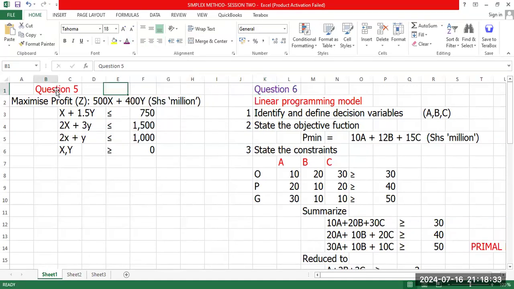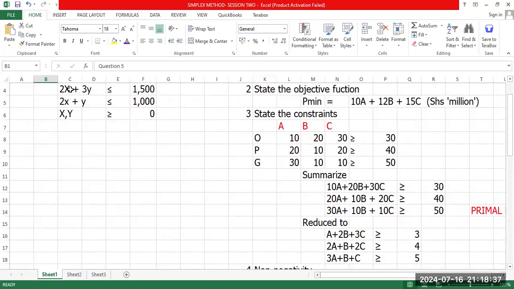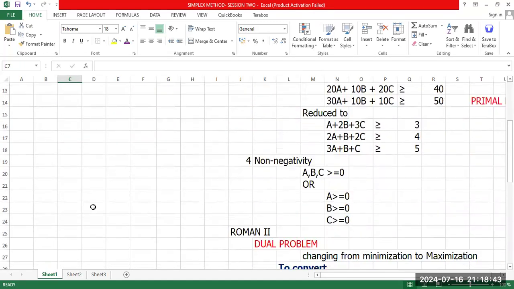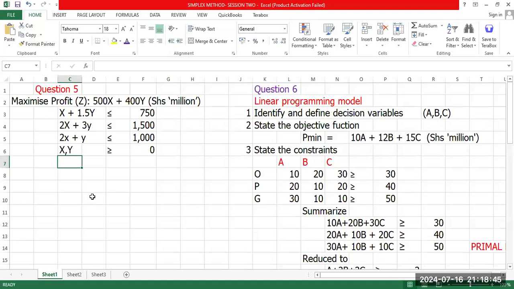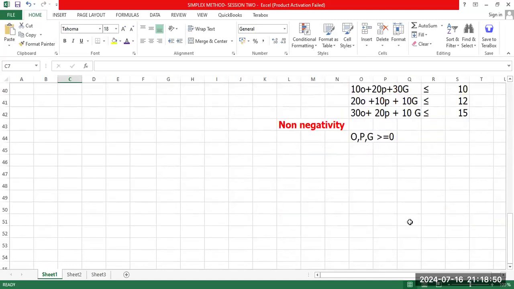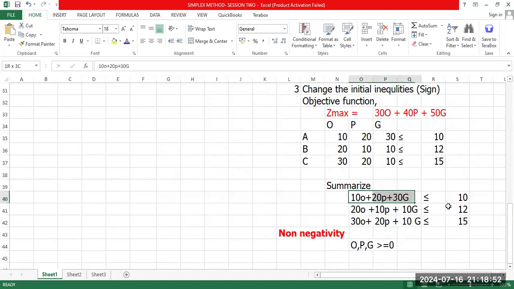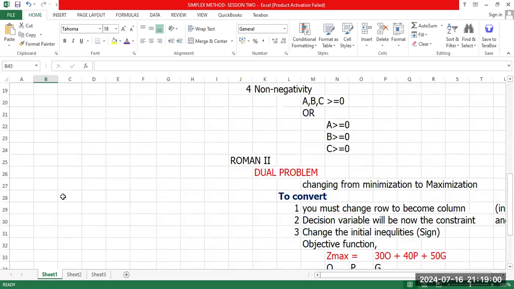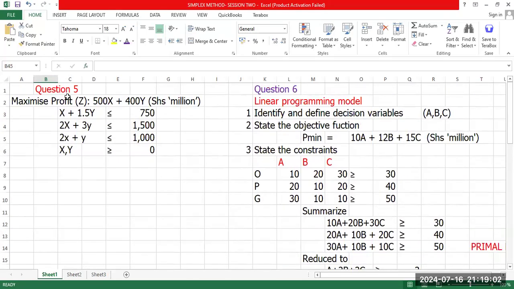I am going to use question 5 to set up the linear programming model. Then you use the same knowledge to solve this. But if time allows, we can actually handle both. So let's start with this one, question 5.